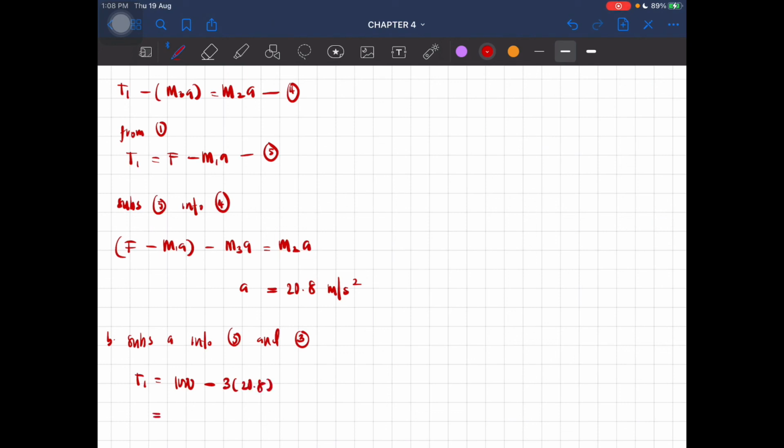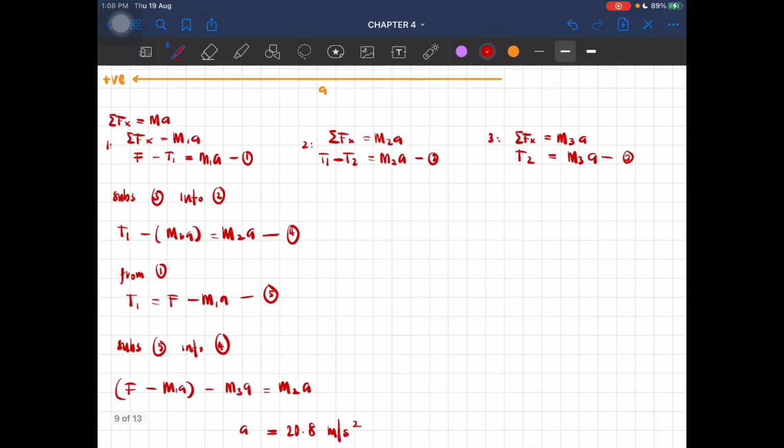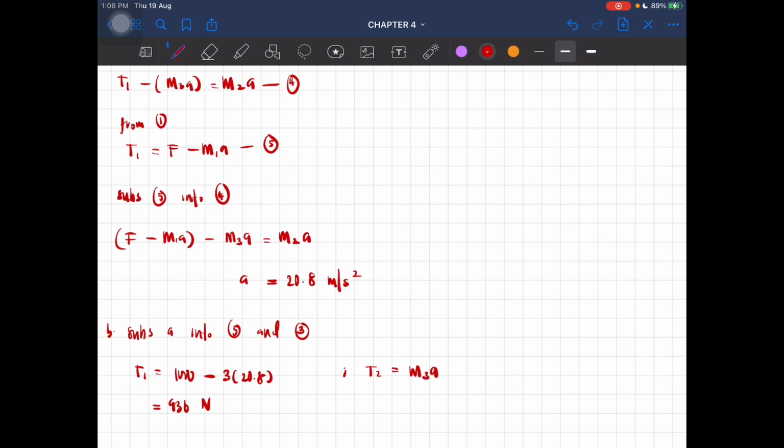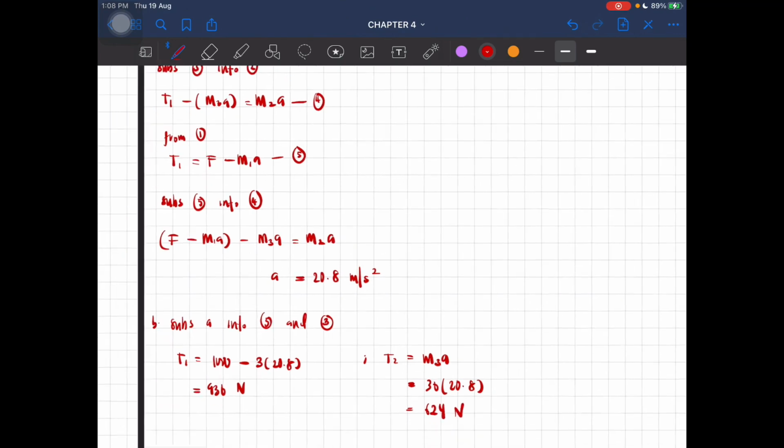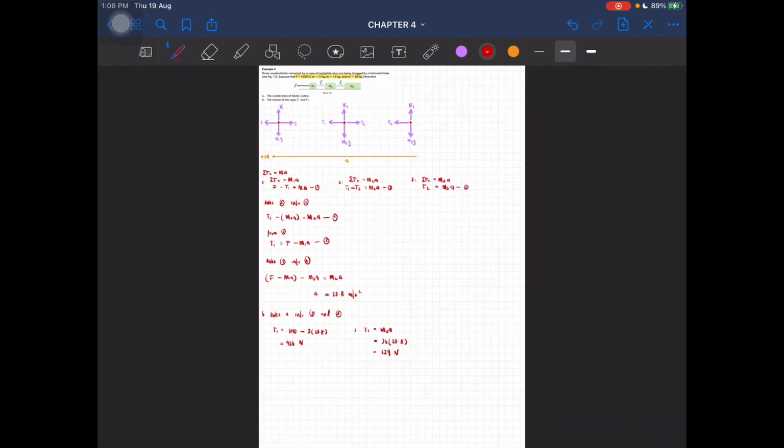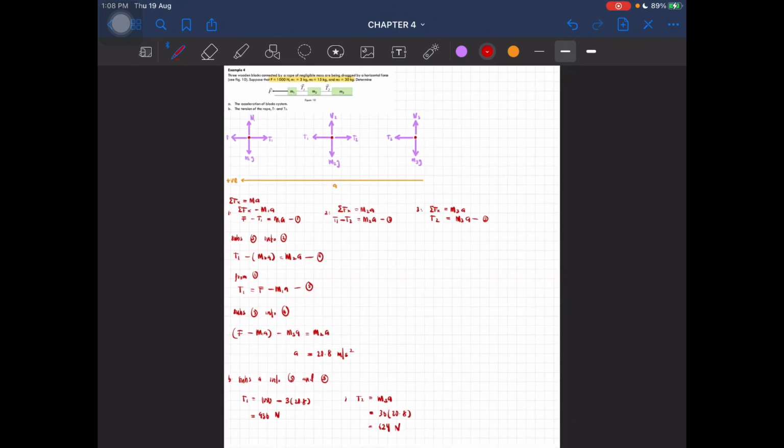Then you'll get T1 to be 936 Newton. And then tension 2 is just M3A. So M3 is 30 kilograms, A is 20.8. You'll then get 624 Newton as the final answer for the tension. Okay, so that is our example number 4.